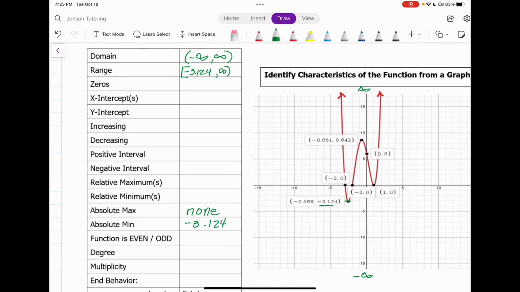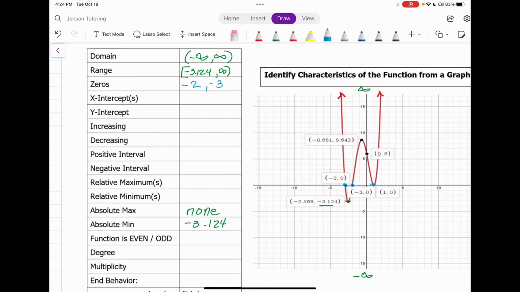Okay, so then let's go back up to the zeros. So the zeros, those are the places where, let's change colors here so we can see it better, where my graph is crossing the x-axis. So when it's asking for the zero, it's just the x value of my x-intercepts.